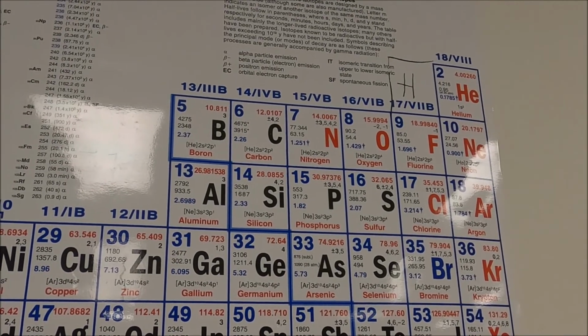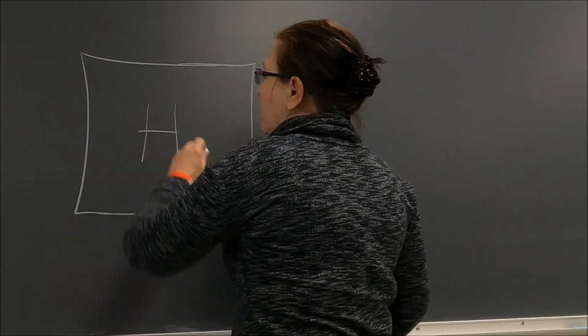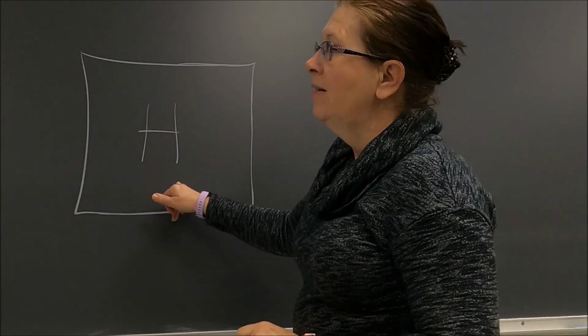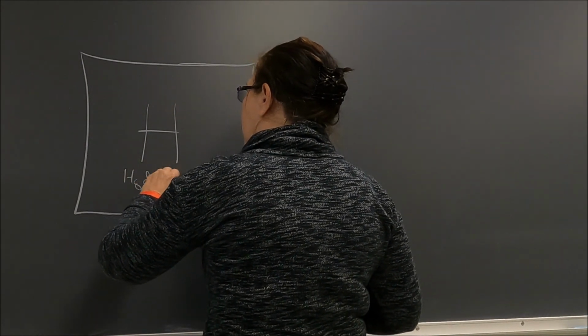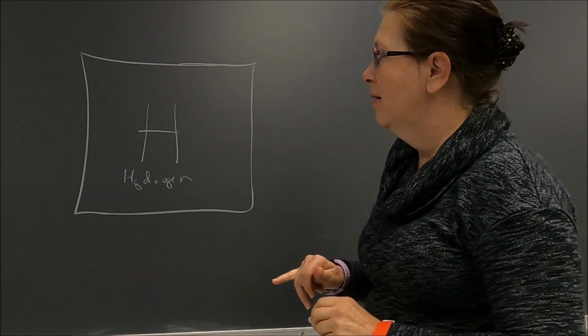Okay? Now, let me draw kind of one of the boxes for you. Gonna go back here. Gonna tilt you guys up a little bit. Okay, if I look at hydrogen, okay, the symbol is here. Sometimes the name is written underneath.